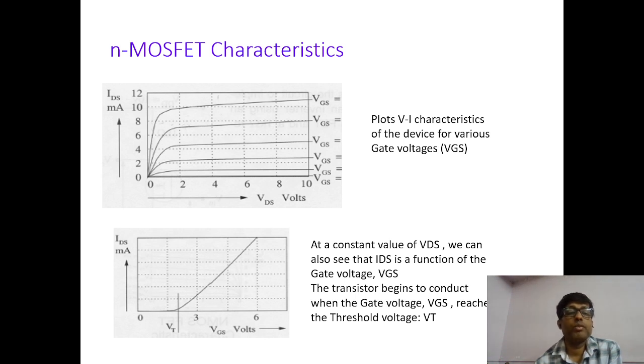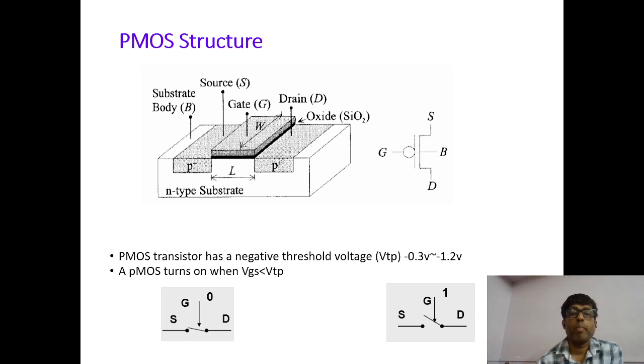If we observe, the current is linearly increasing, then it reaches saturation. Also, if you draw VGS versus IDS, it will be off, and after that it increases linearly. Okay, so this is the same as the PMOS structure.